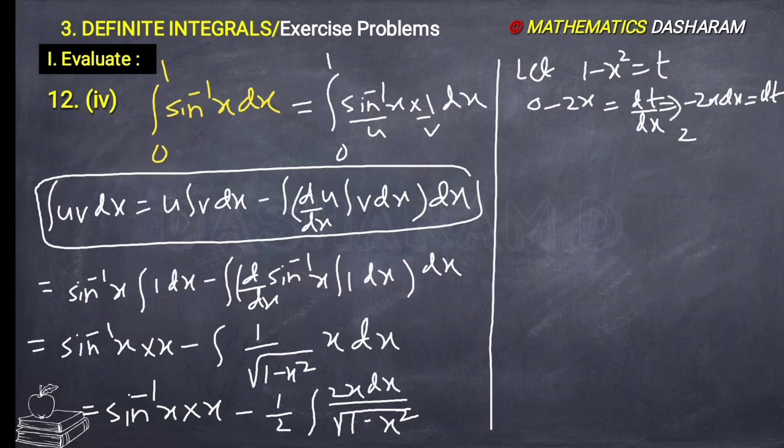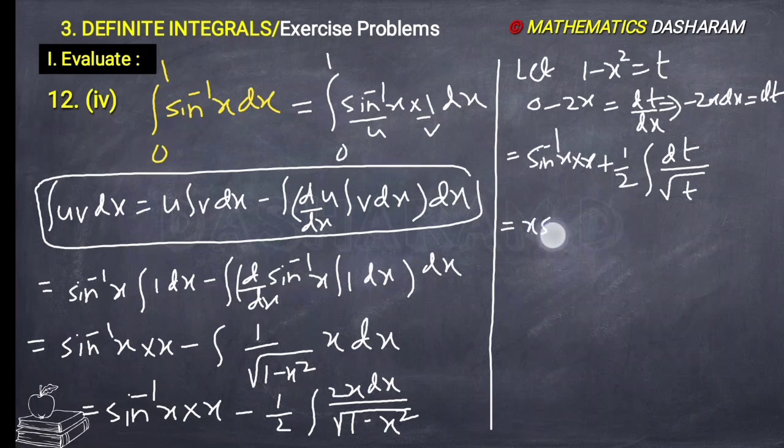Okay, so let's substitute the values. Sine inverse x into x, so here minus 2x dx, it is equal to dt. Then here plus will come, so 1 by 2 integration dt divided by under root t, because 1 minus x square equals t.